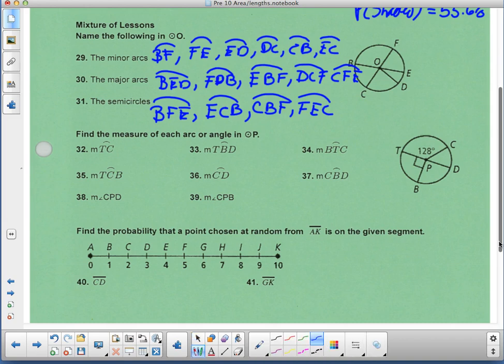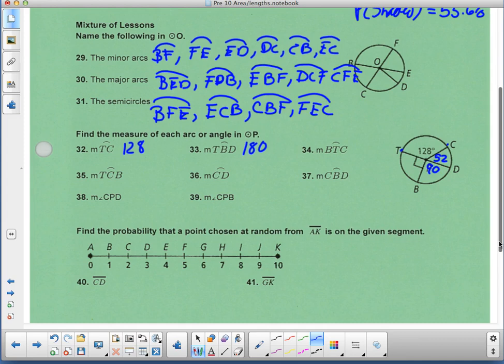Now, on this next one, 32 is 128. That's TC, and I go TC, that's straight up. And if that's 128, then this is 52. This is also 90. When we're looking through, now I just add things up. TBD is 180.